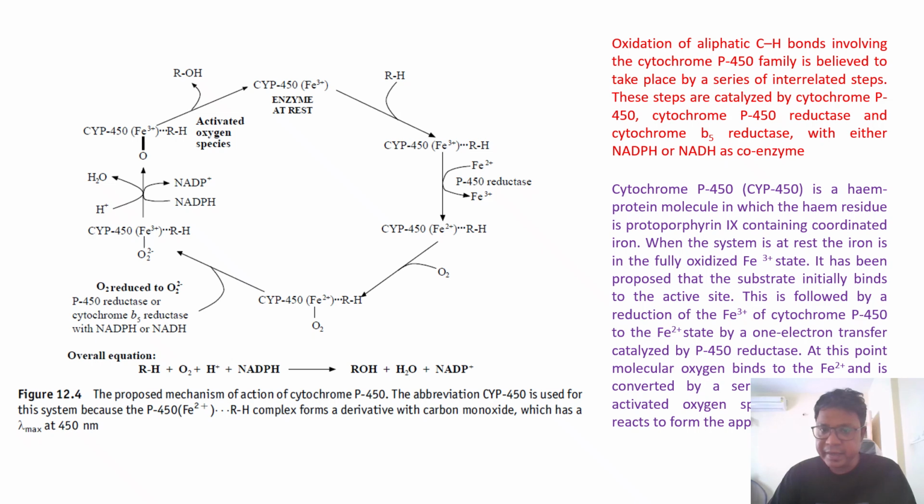This is followed by reduction of Fe3+ of cytochrome P450 to the Fe2+ state by one-electron transfer catalyzed by P450 reductase. At this point, molecular oxygen binds to the Fe2+ and it goes through a series of other reactions, finally giving the alcohol.